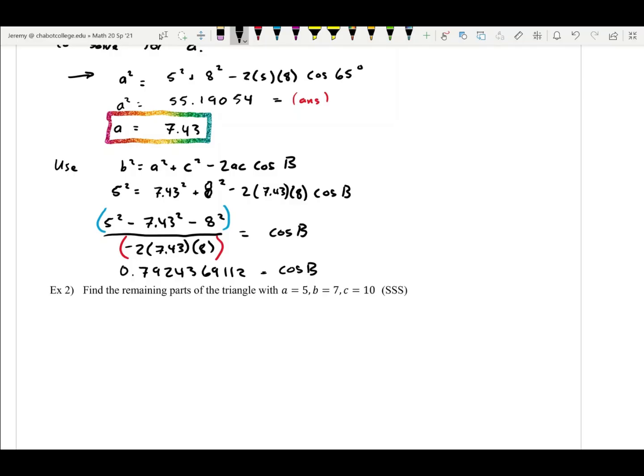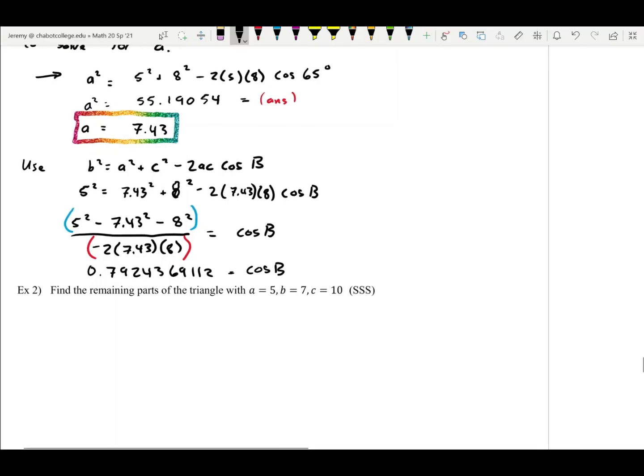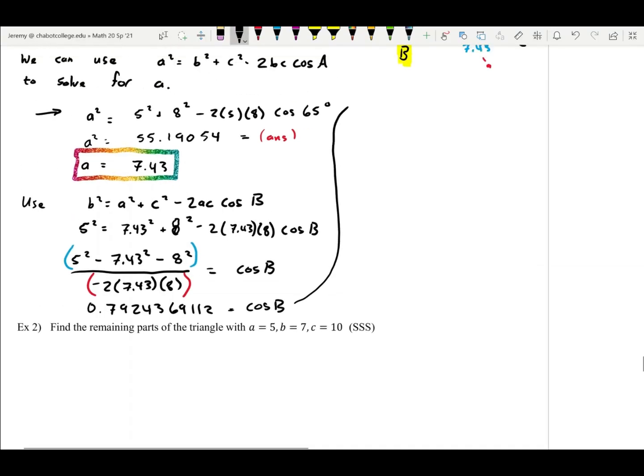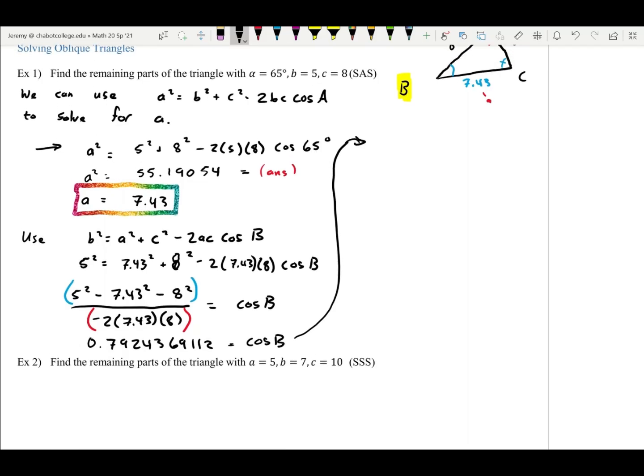And then I'm just going to take cosine inverse of both sides of this equation. So I'm going to keep working up here because I'm running out of room. So then I get cosine inverse of that whole number. And on my calculator, I'm just going to type in cosine inverse of answer, whatever the last result was. And I do this to avoid rounding errors.